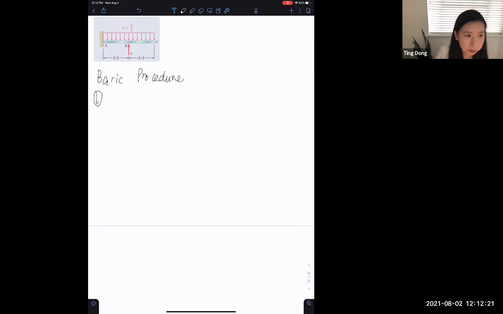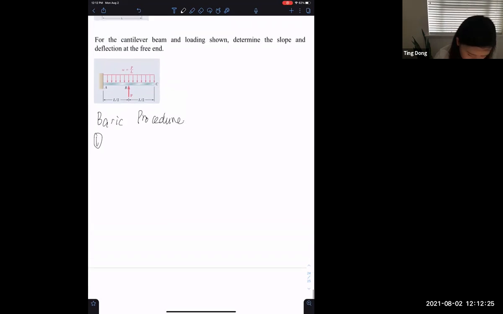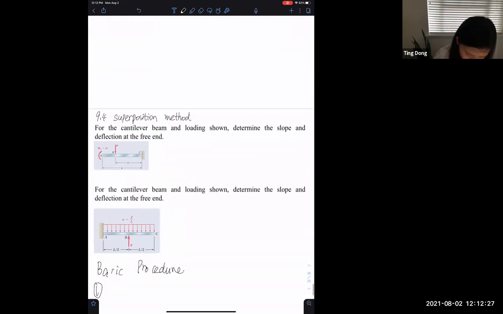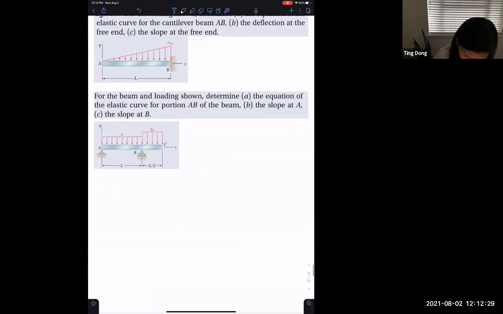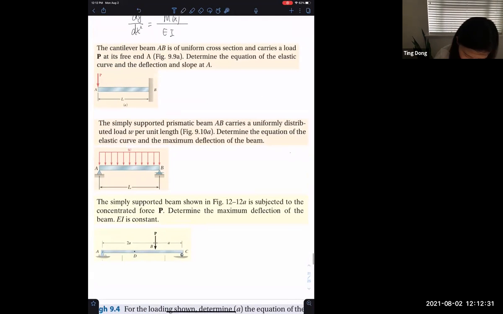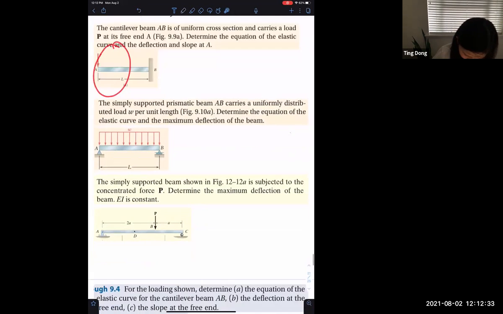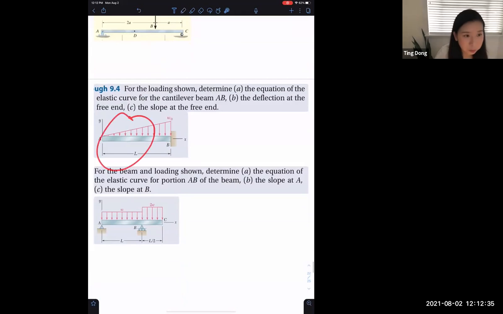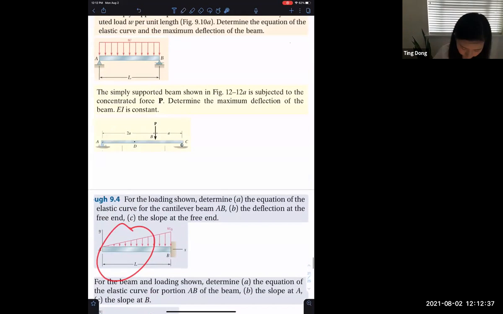The first one is we need to calculate reaction force if necessary. And of course, if it's something like this, you probably don't need the reaction force. So reaction force is for a problem like this type.